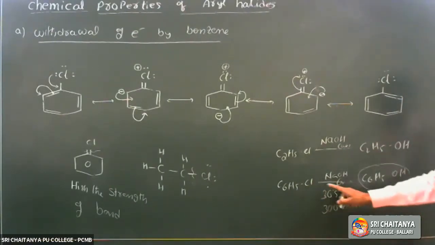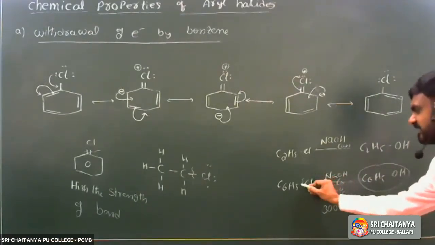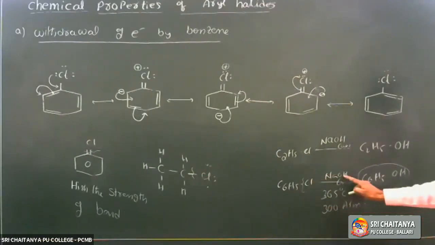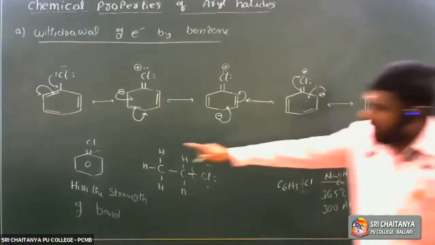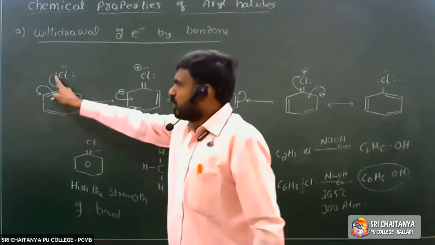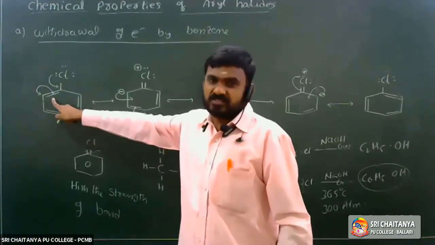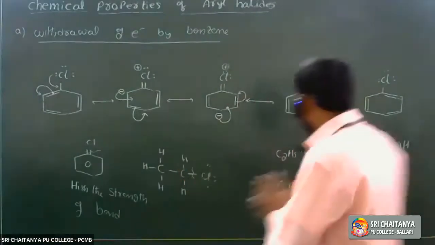Chlorobenzene reacts with aqueous sodium hydroxide to form phenol, where Cl is replaced by OH minus ion. It is very difficult because of the partial double bond character, due to conjugation of the lone pair of electrons with the pi electrons of benzene. That is the reason.